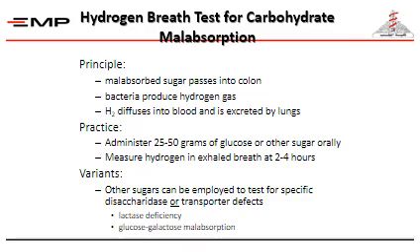So, in this test, the patient is administered 25 to 50 grams of glucose or other sugar orally, and then we measure hydrogen in exhaled breath at 2 to 4 hours. We can use other types of sugar to test for specific disaccharides or transporter defects, as in cases of lactase deficiency or glucose-galactose malabsorption.